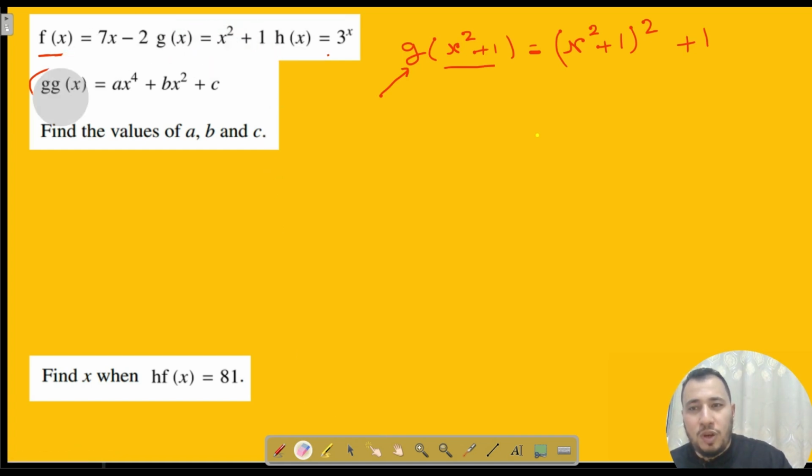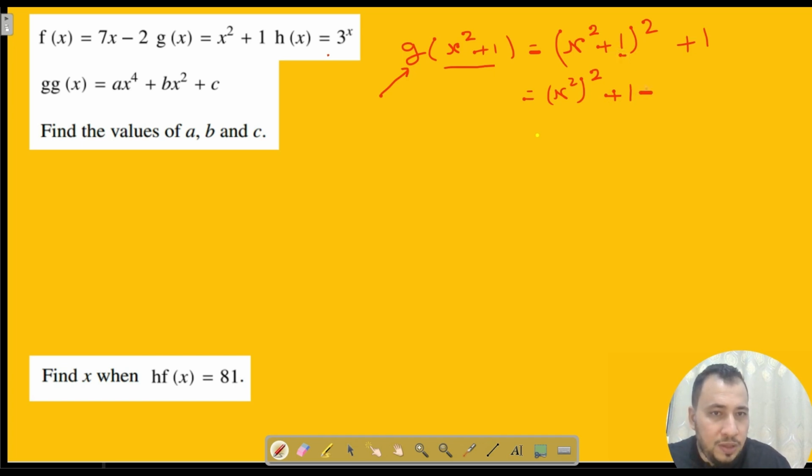What is left for us now is to expand this bracket. Here, this is squared, which means, as I said before, first squared, which is x squared all squared. I'm going to do it step by step, plus second squared, 1 squared is 1, plus first multiplied by second multiplied by 2. 1 multiplied by x squared is x squared, multiplied by 2, it's 2x squared, and don't forget this plus 1.